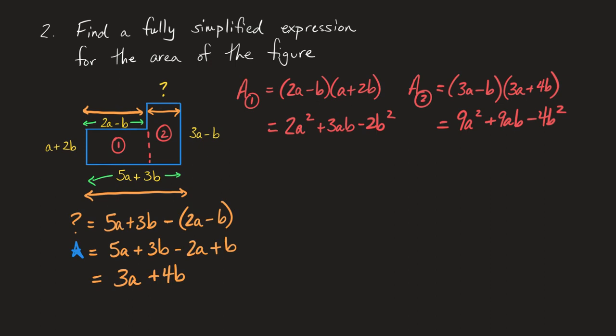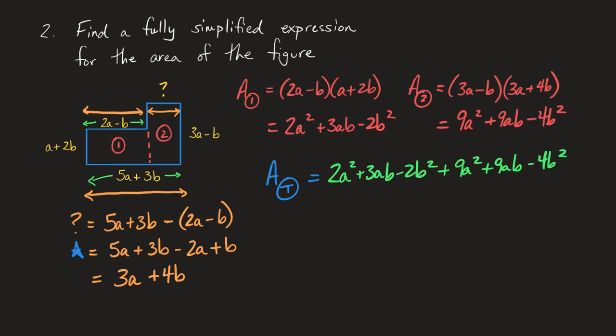Okay, from a communication standpoint, I'm just going to put this part in blue. Now we'd want to tell our reader that what we're finding is the area of the total, so you'll see that little subscript with the T circled. I would not have to see the green. If you wanted to write it, it is 2a squared plus 3ab minus 2b squared plus 9a squared plus 9ab minus 4b squared, I do not have to see that green.